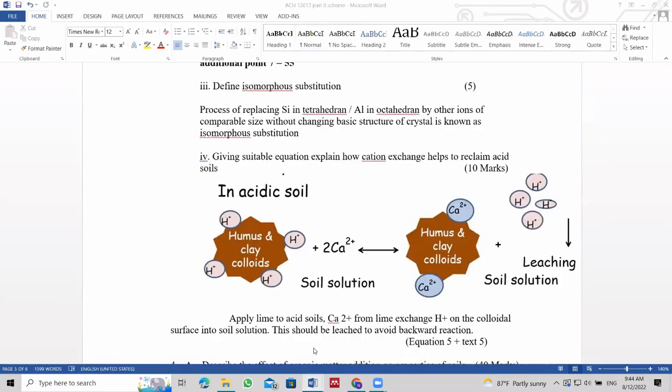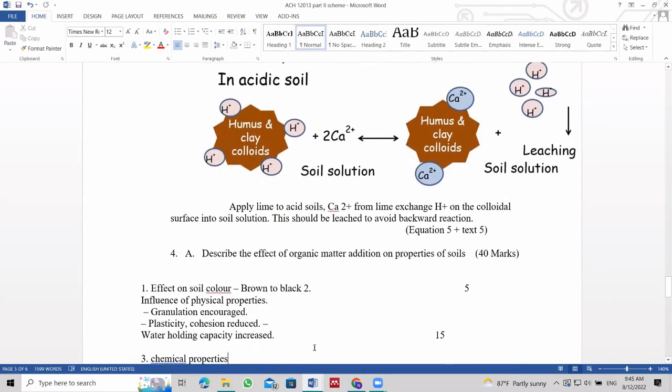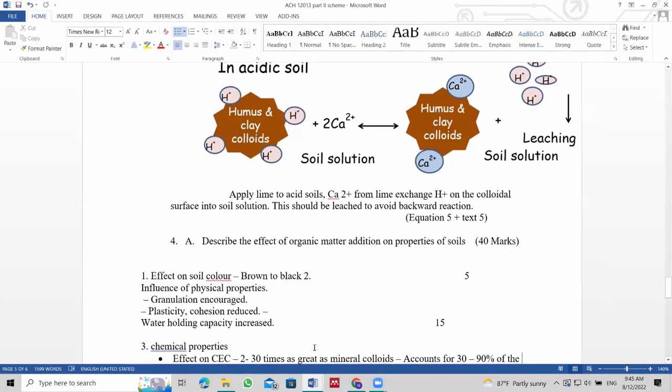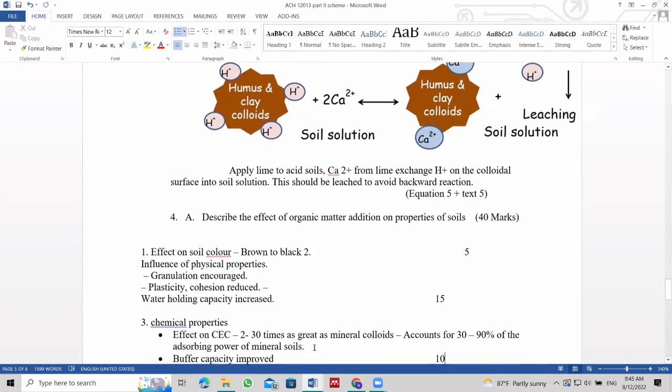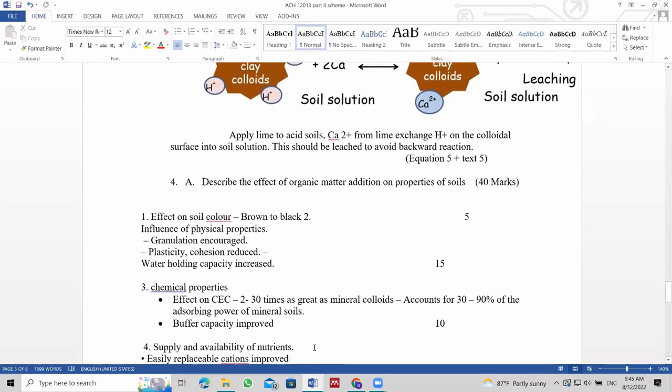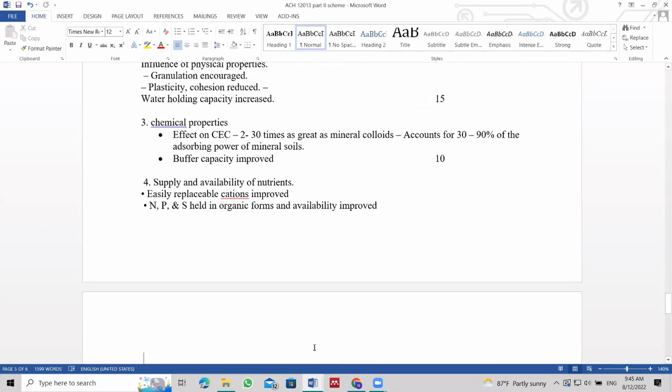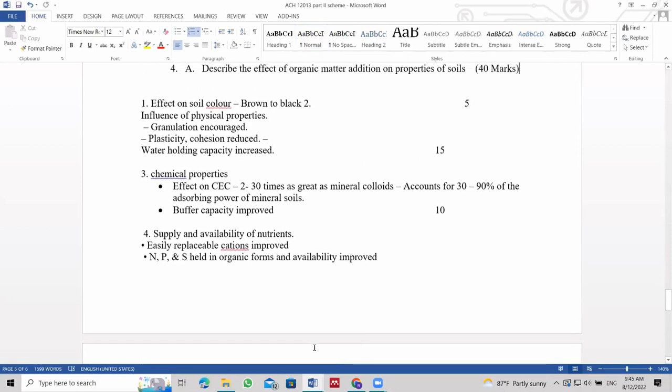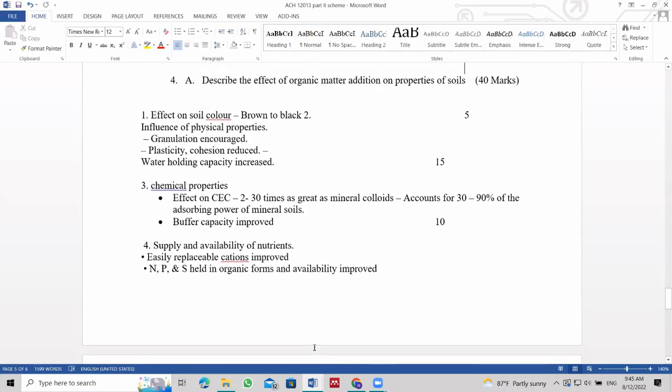Okay. So if we see, here the question is different. Describe the effect of organic matter addition on properties of soils. The other question is what factors affect organic matter content.